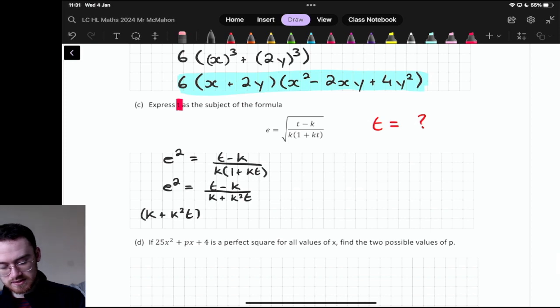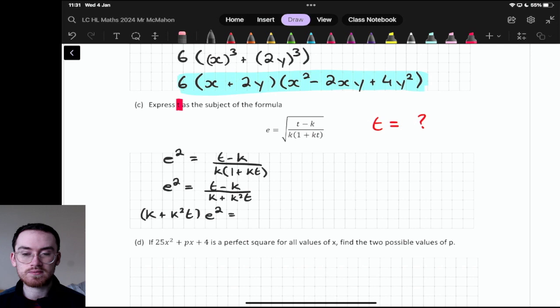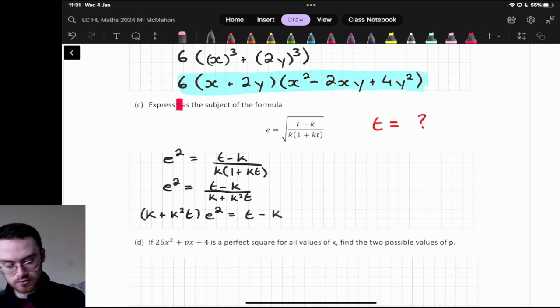So what that means is that here I'm going to have k plus k squared t multiplied by e squared, and on the right hand side I'm just going to be left with t minus k. So I've multiplied across by multiplying both sides by this term, k plus k squared t.